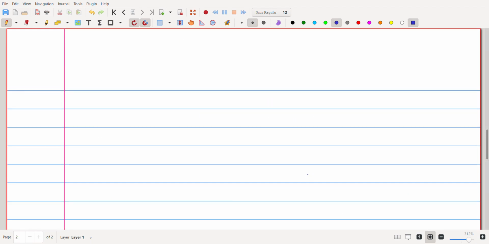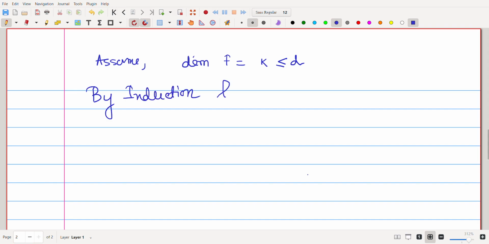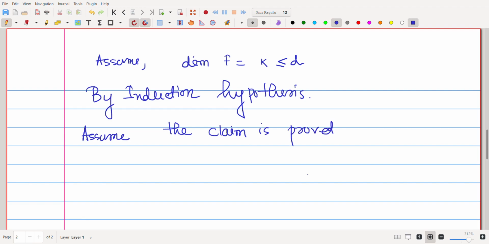So let's assume the dimension of F is k, which is less than or equal to d. By the induction hypothesis, assume the claim is proved for dimension of F less than or equal to k minus 1.